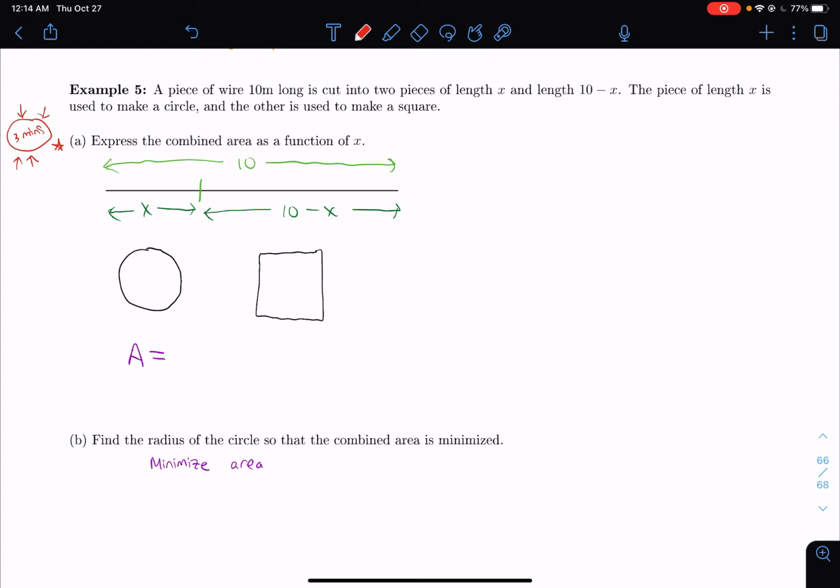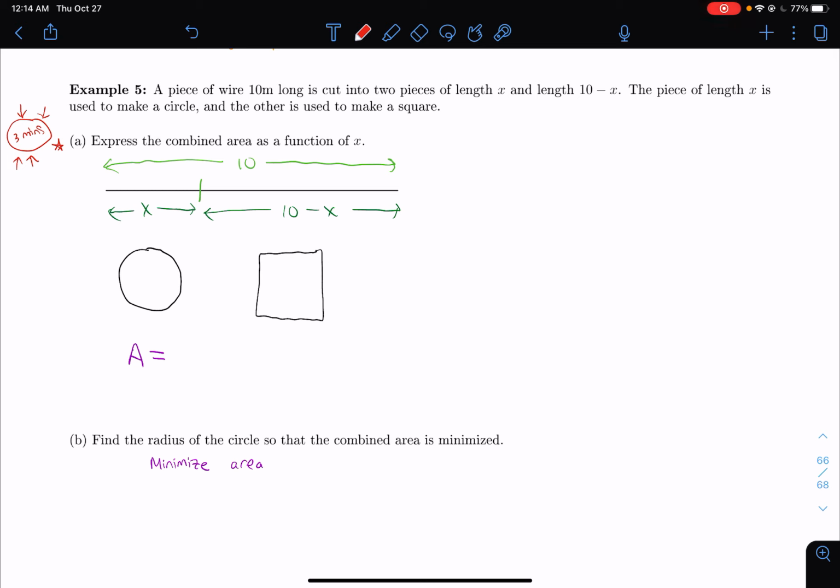This is a great practice problem in terms of setting up this equation. It's absolutely doable, but you gotta try it. It's super important to pause it and try these questions.